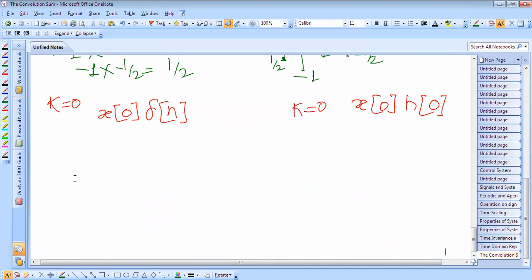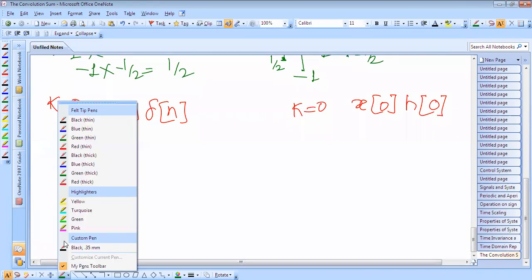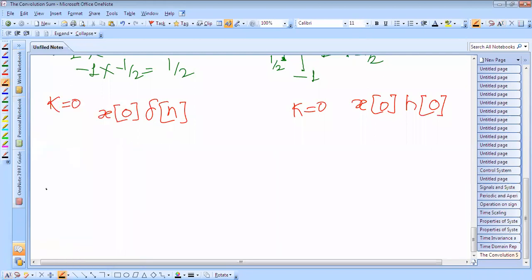So I will draw this. Okay. So now this is the minus 1. Now the second is a half. At 0 it is a half. Okay.